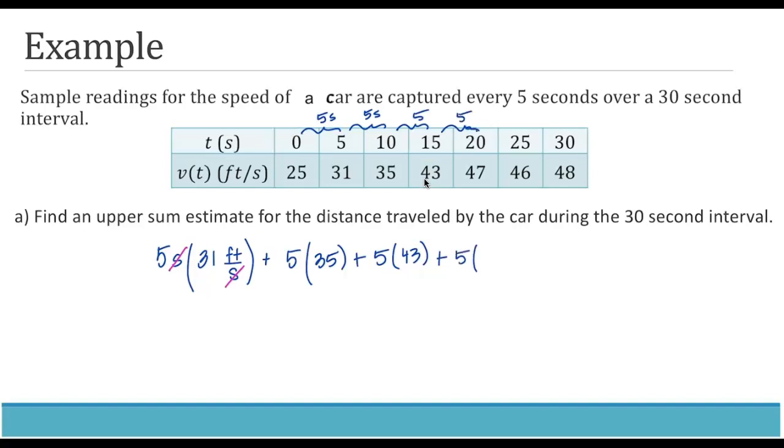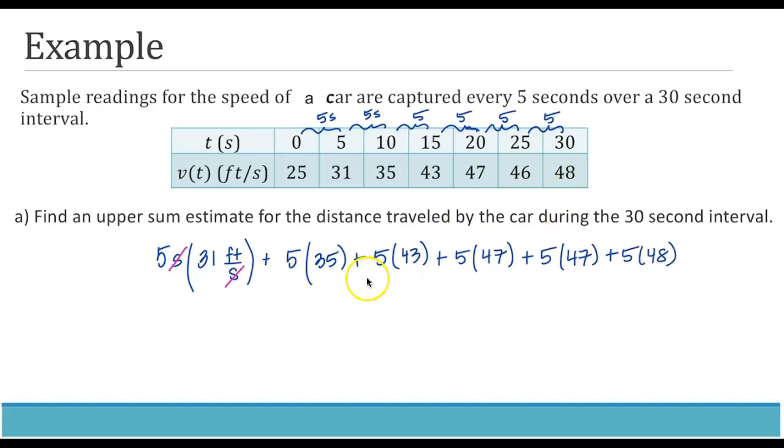So we have 5 times 47, the bigger output is 47, between 43 and 47, plus between 20 and 25 is 5 seconds, and between 47 and 46, 47 is the bigger one. So we have 47, and then between 25 and 30, that distance is 5 seconds, and between 46 and 48, 48 is bigger, so 5 times 48.